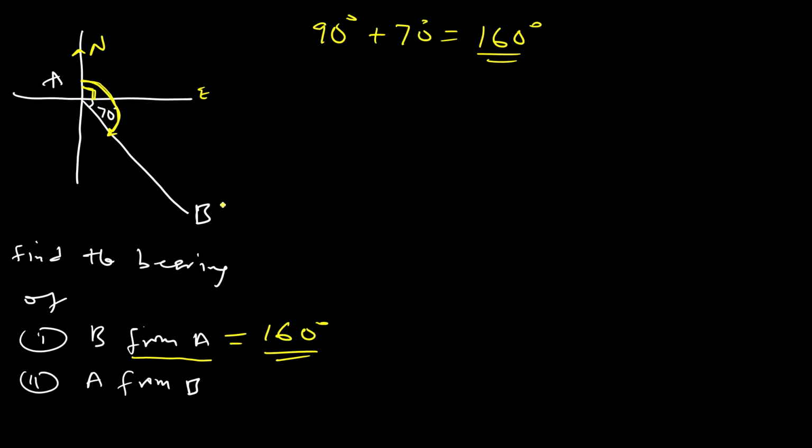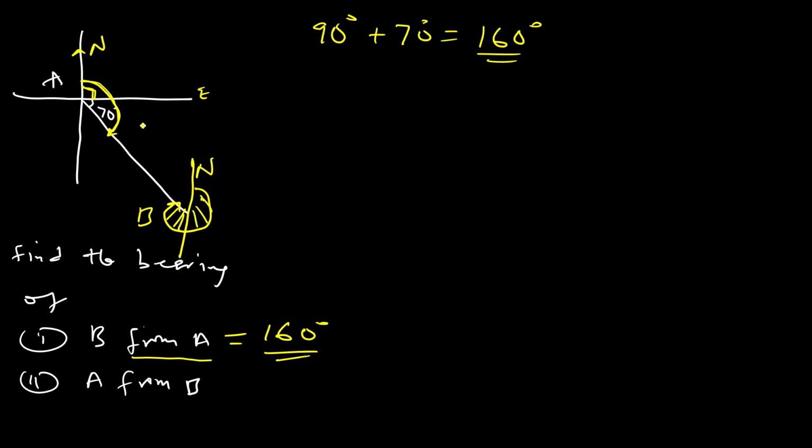So this is line B. Let's locate our north. Let me draw my north, and put the B here. This is our north. We have to start from the north and rotate clockwise to meet the line A. So this side is what we are after.